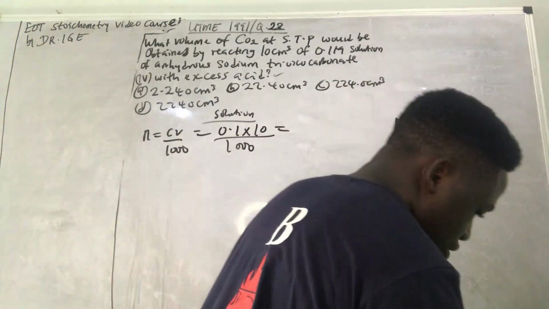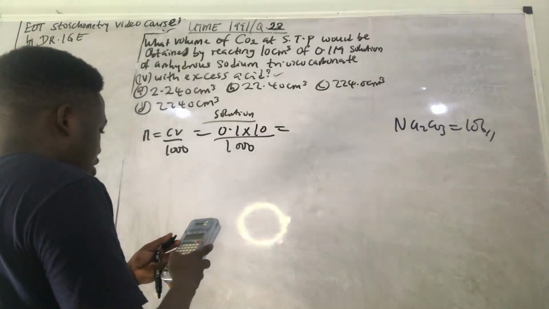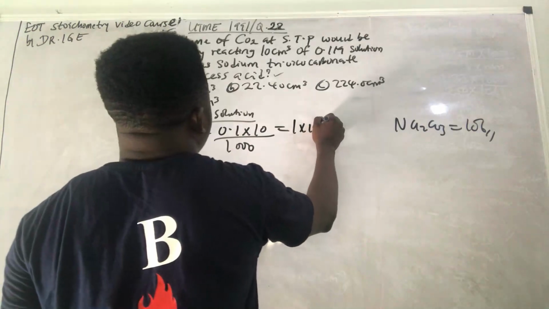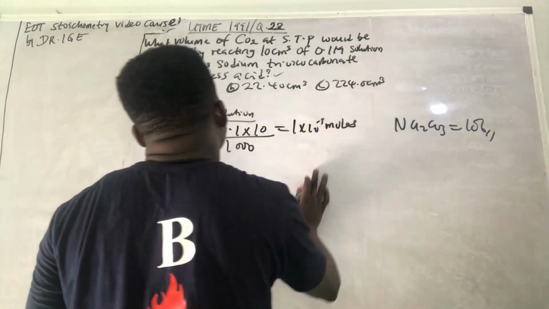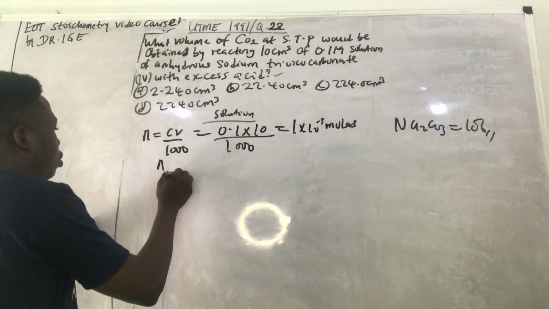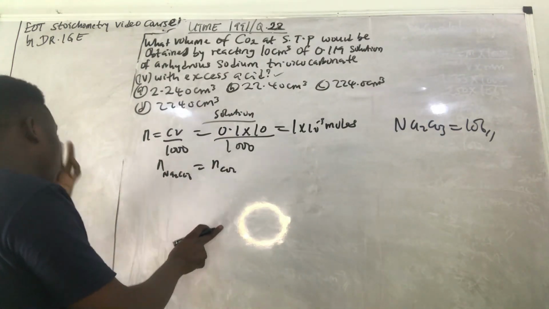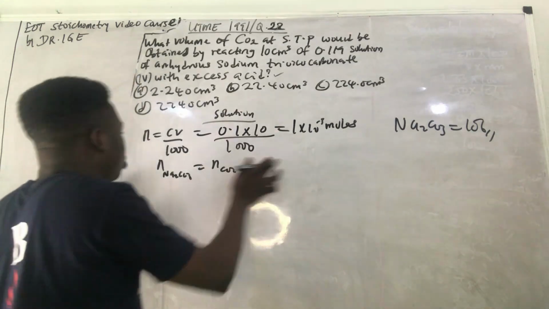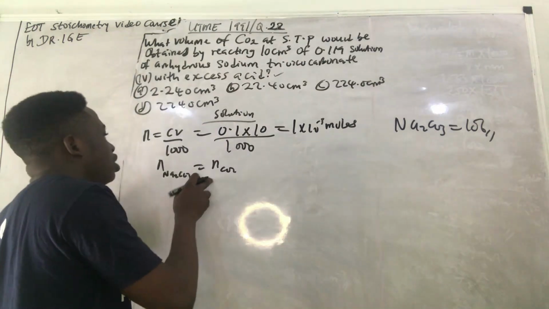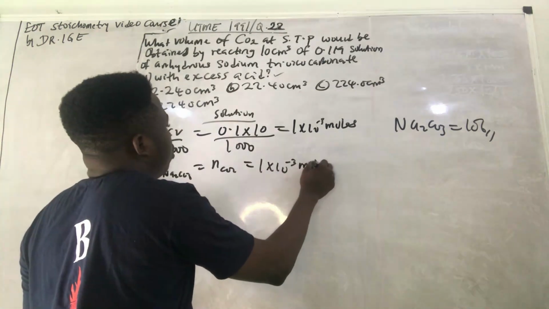Let me calculate that: 0.1 times 10 divided by 1000 gives 1 times 10⁻³ moles. The number of moles of Na2CO3 will still be the number of moles of the gas, so the number of moles of gas is also 1 times 10⁻³ moles, right?